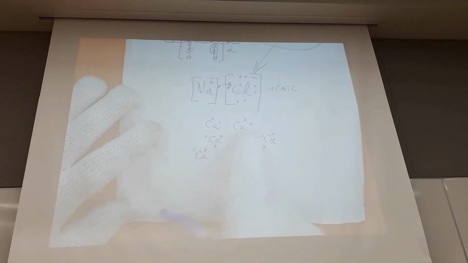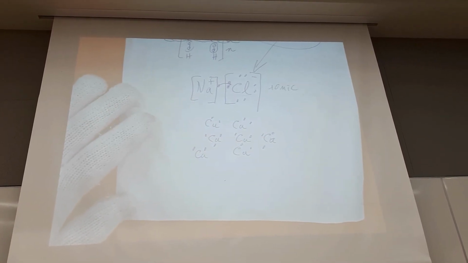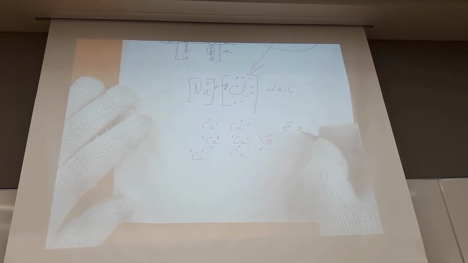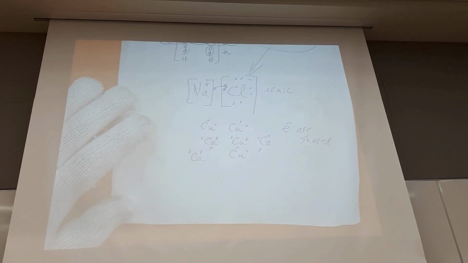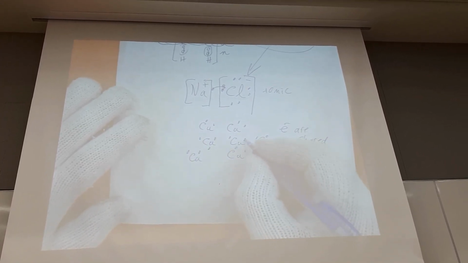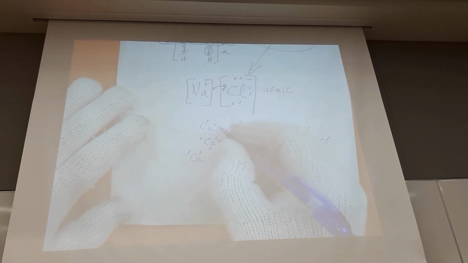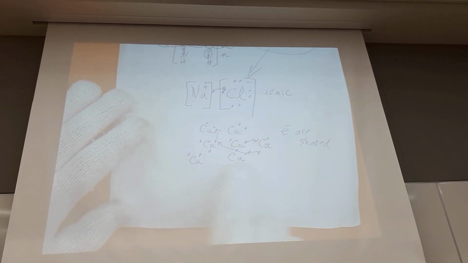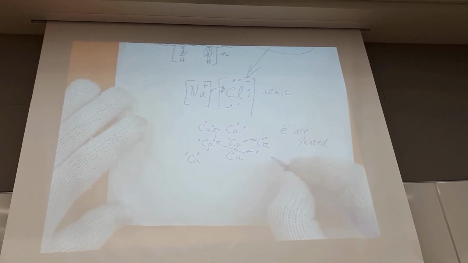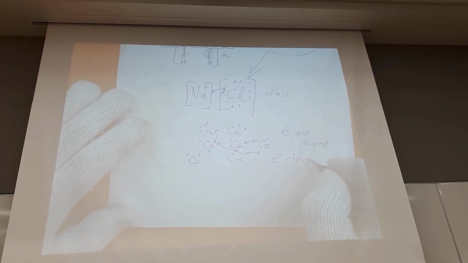Now these electrons are shared among all of the copper atoms, every one of them. So this electron will travel to here, that electron could travel to there, that one will travel there, this one will travel here. They all travel about, forming what's known as an electron cloud.